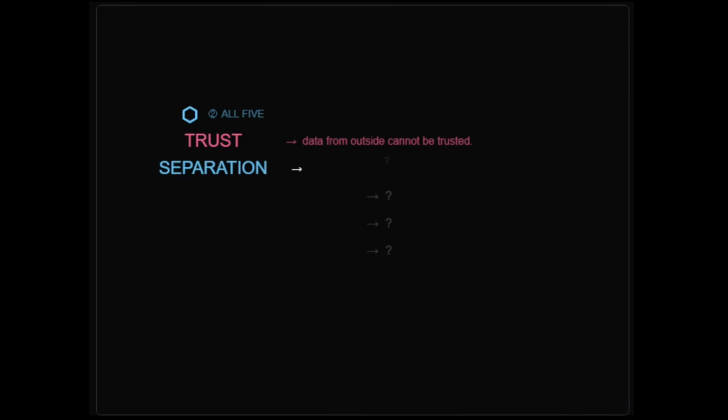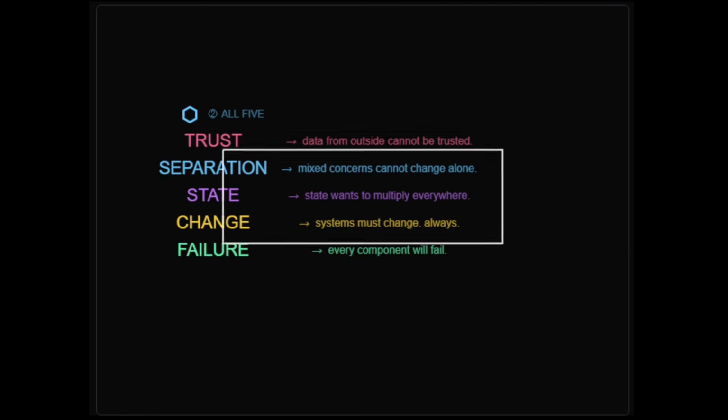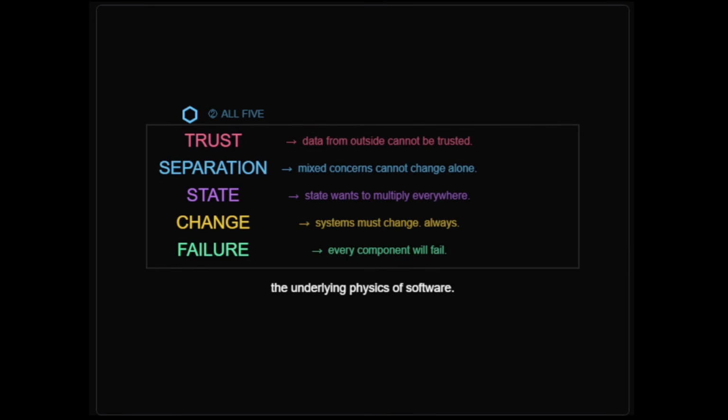Five forces. Let's name them one more time. Trust. Data from outside cannot be trusted. Every validation layer exists here. Separation. When two concerns mix, neither can change independently. Every service layer, every repository, every clean interface exists here. State. The state wants to multiply.